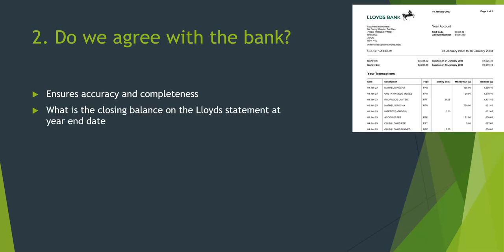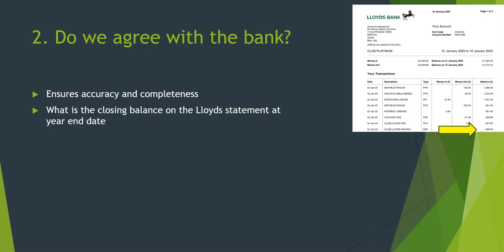So what we'll need for this then, we will need the paper statement. This happens to be a Lloyd's one. We'll need the final paper statement that you had at year end, and it will have a final balance at the year end point. So we'll locate it, make a note of that.